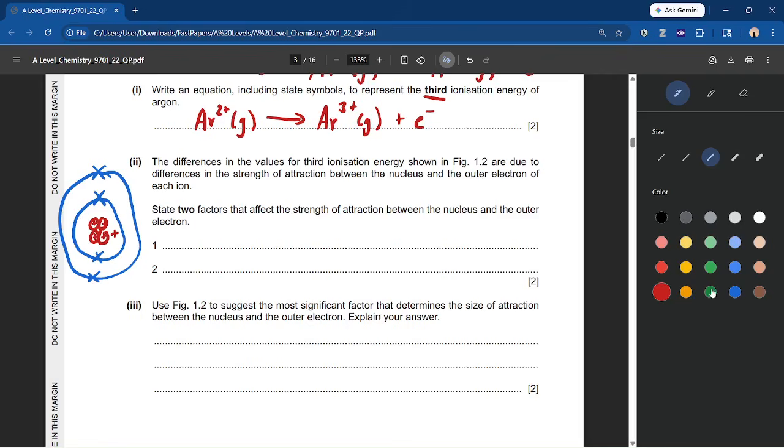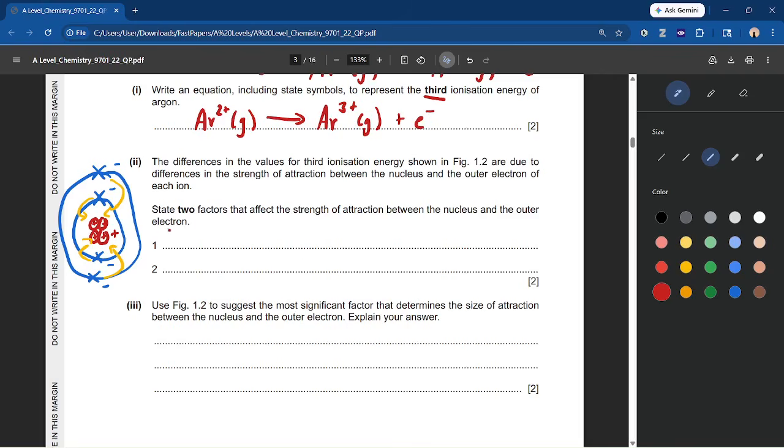And let's take our other color and mark it negative: negative, negative, negative, negative. So there's an attraction between these electrons and the positive nucleus. It's due to this attraction that it becomes more difficult or easier to remove an electron. So the closer the electrons are to the nucleus, the more difficult it is to remove them, right? So we're going to mention that over here.